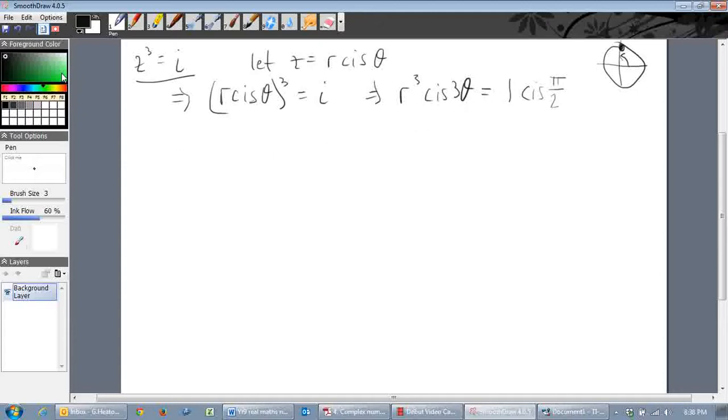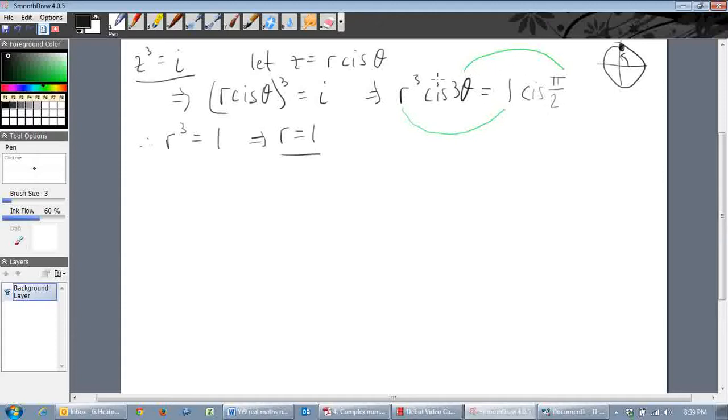Okay, so now that we've got this written like this, we can look at our r's there, and we can look at our angles there. So our modulus and our angle, and we can just equate each part. So therefore, we've got r cubed must be equal to 1, as the moduluses must be the same. Okay, and r is always positive, therefore r is equal to 1. So the modulus of our solution, z, is equal to 1.